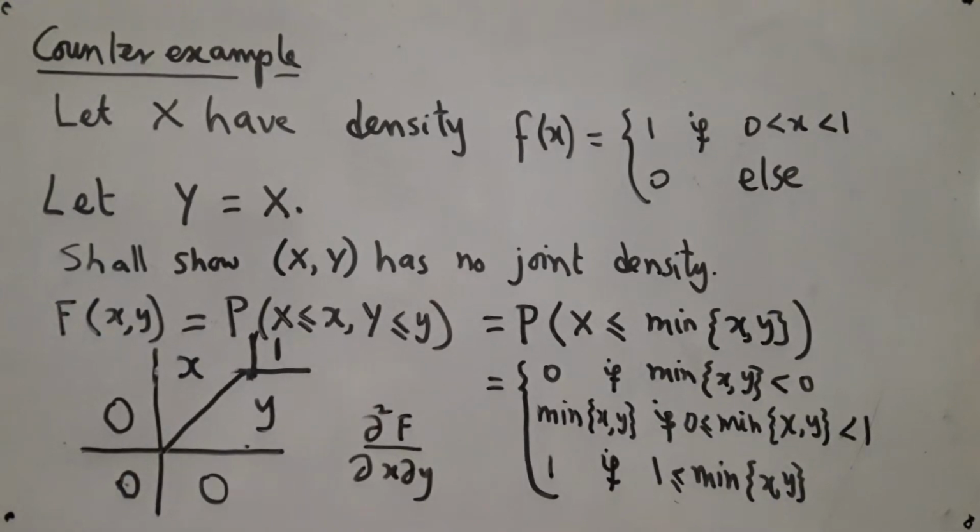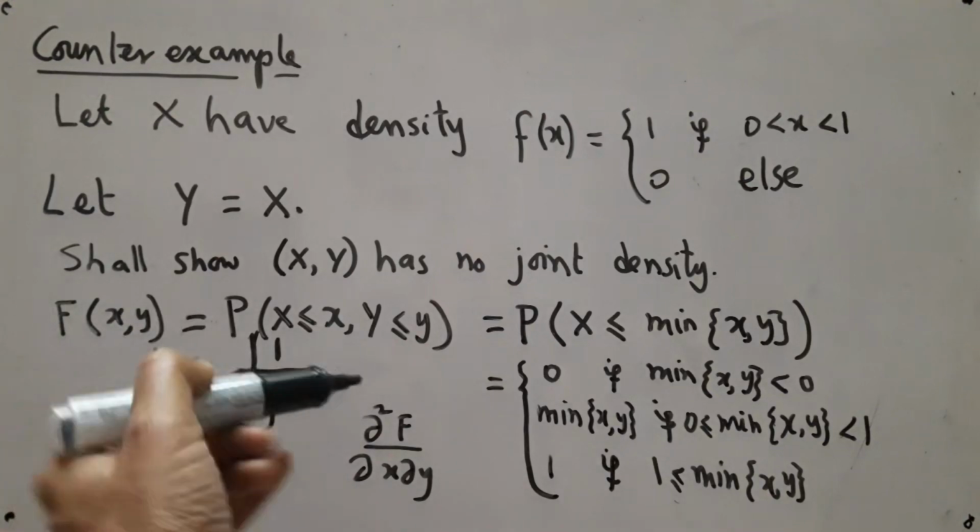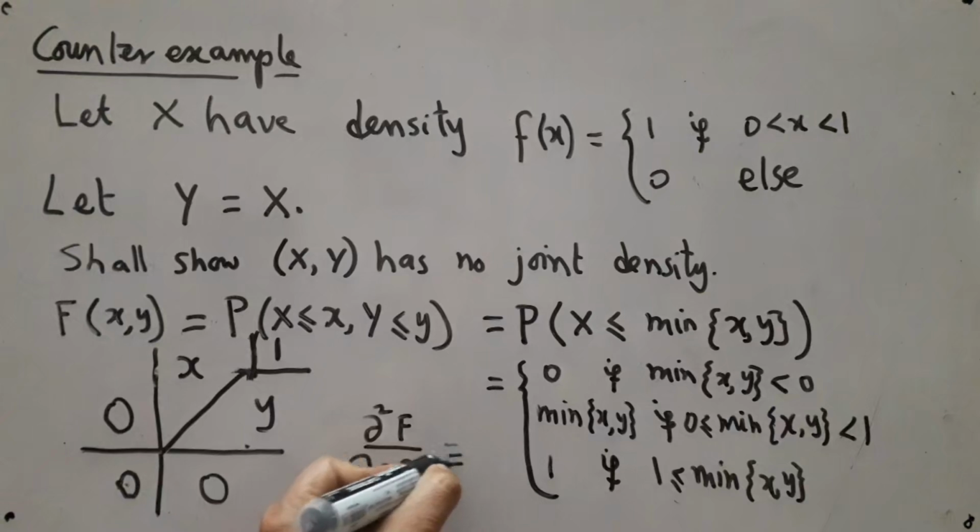Now our aim is to partially differentiate it twice, once with respect to x and then with respect to y. Observe that none of these things involve both x and y simultaneously. So when you differentiate with respect to x and y one after another, everything will turn into 0. So this function will just turn out to be identically equal to 0.